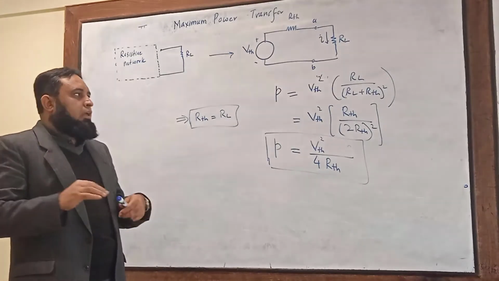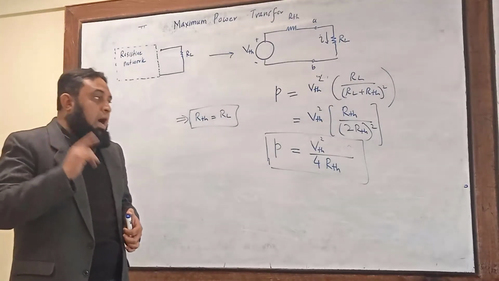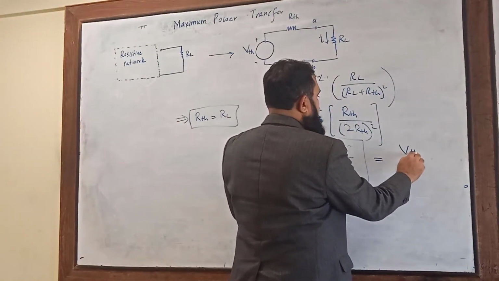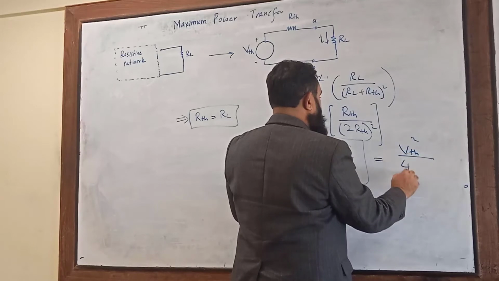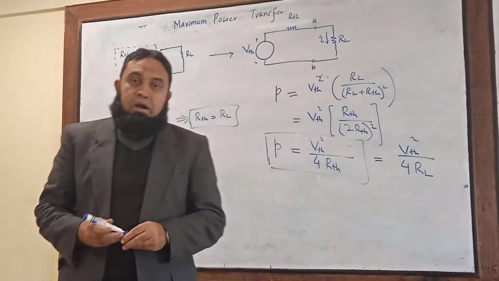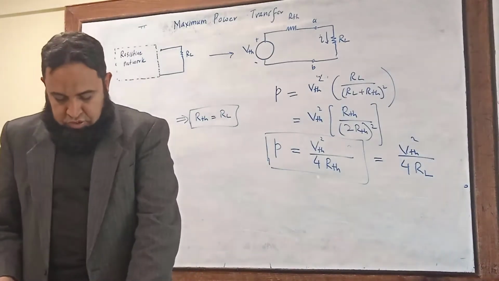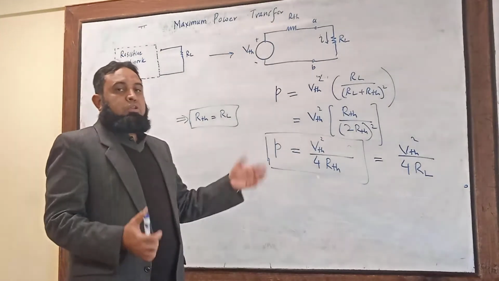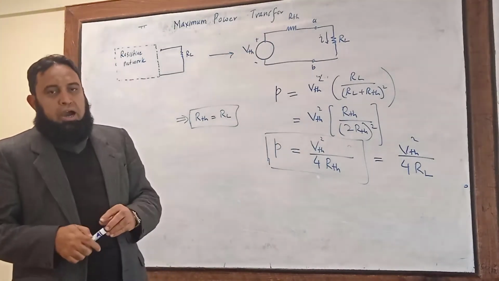On the other hand, if you substitute RTH equal to RL, you will have VTH whole square divided by 4 times RL. So this will be the maximum power which can be transferred to the load when you consider RL equal to RTH.